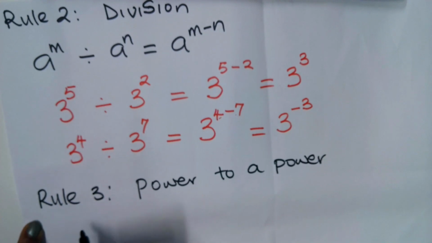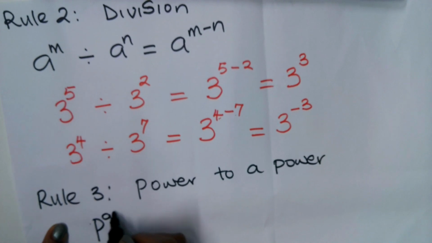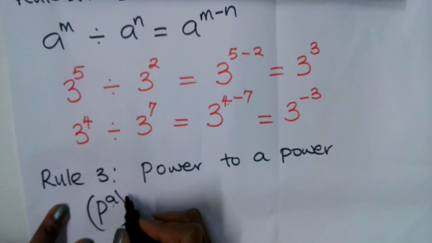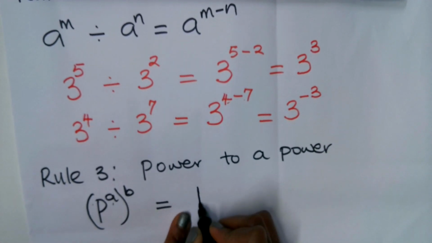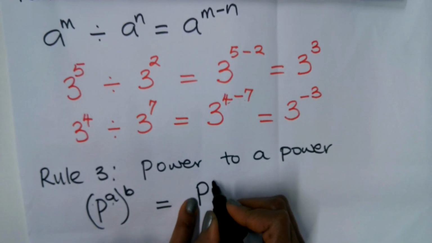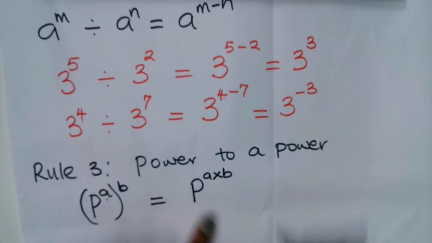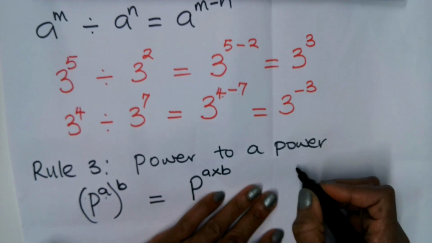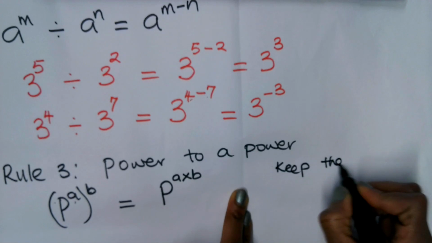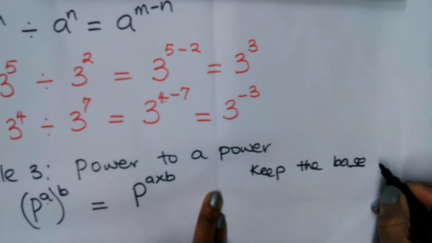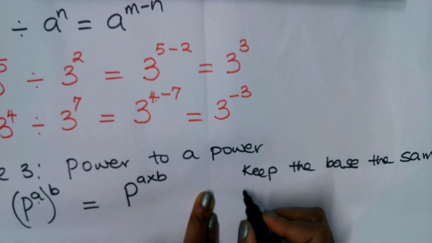So if I have p raised to the power of a, all raised to the power of b, this means that p, which is the base, is raised to the power of a multiplied by b. So for this rule, we keep the base the same and multiply their powers.